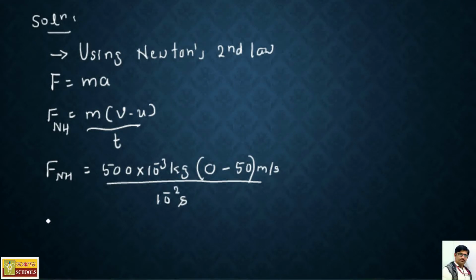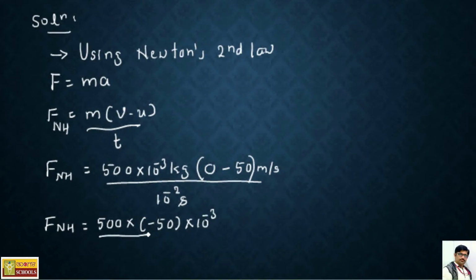So it can be written as F_NH, the force of the nail on the hammer. You just take the numericals one side, 10 to the powers one side, unit to the other side. By that I can write 500 into 0 minus 50, means minus 50, into 10 to the power minus 3 divided by 10 to the power minus 2.